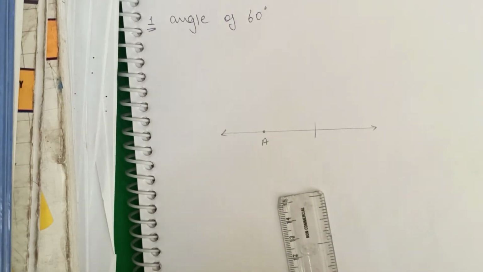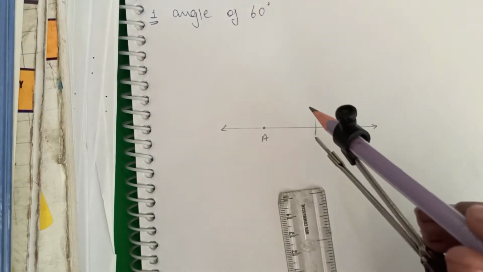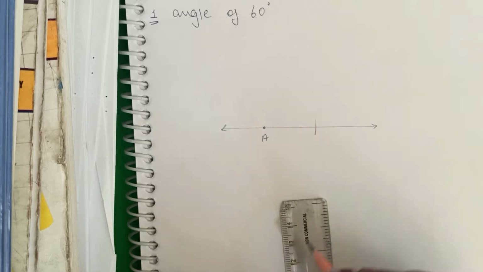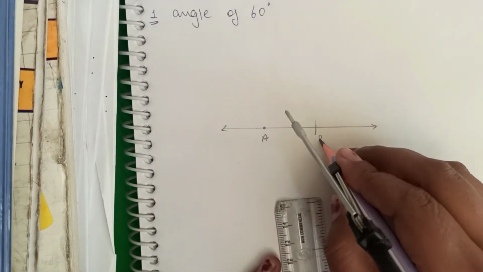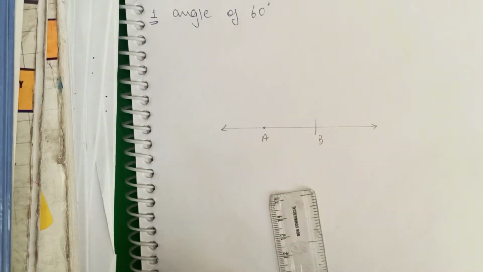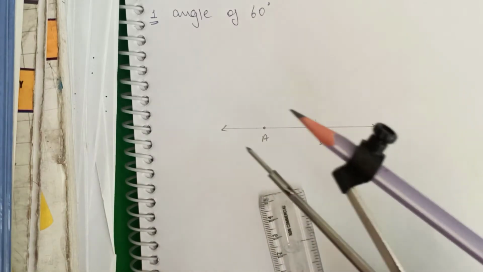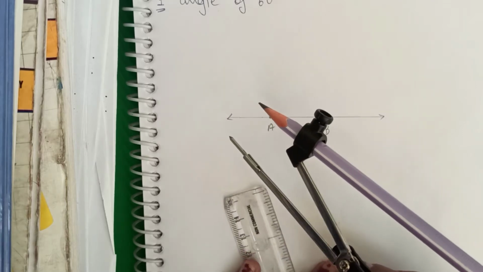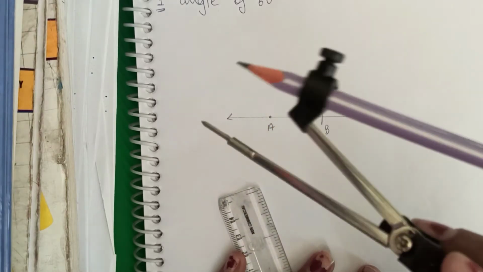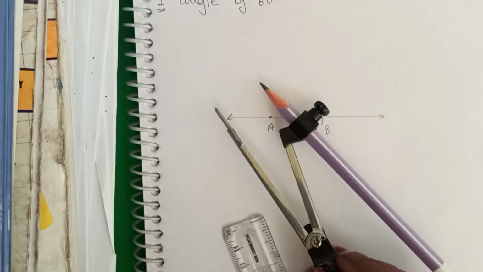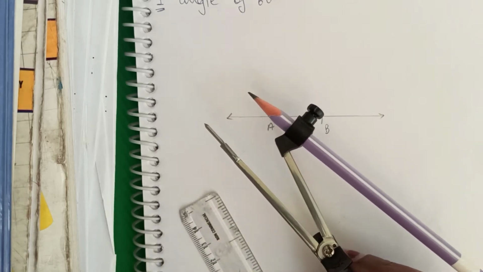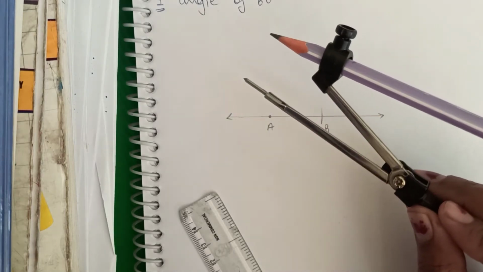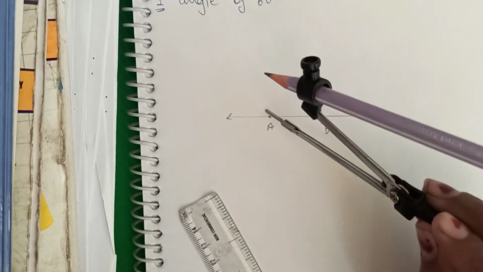Right? After that, you will give the name B to the intersection. Then keeping the arm of the compass fixed and steady. Steady means constant. Don't move it. With the same radius, with B as the center, draw an arc to intersect the previous one.